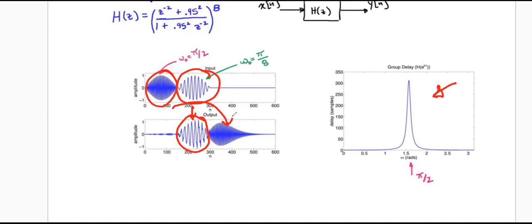Now the question is where we should use this kind of filter. Let's say H(z) is an IIR type filter. In that case, the group delay is just the opposite of that.